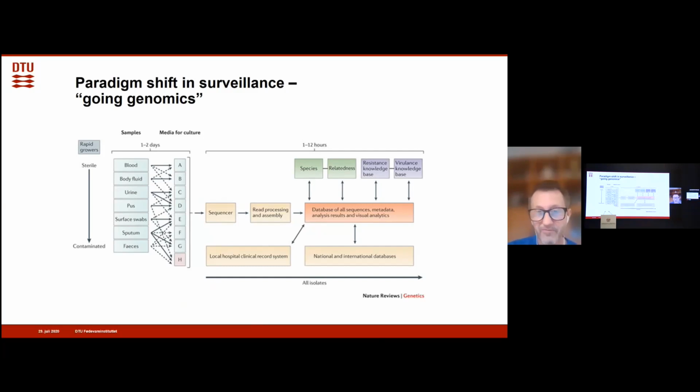So there have been a number of papers describing that it might be easier and better to go for whole genome sequencing. So basically, we are in the midst of a paradigm shift in surveillance, where we move from phenotypic methods to whole genome sequence-based methodologies. The advantage here is that it takes less time, and you can also analyze the genomes using bioinformatic pipelines for multiple features or epidemiological traits.